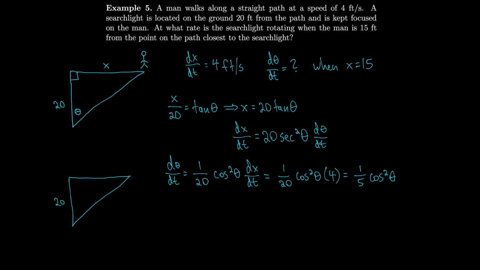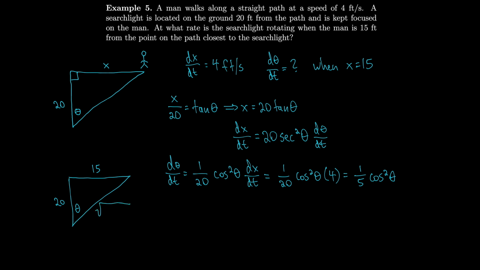So if this is 20, and this is 15, and this is theta, we want to know what cosine is, so we want adjacent over hypotenuse. So we need to know what the hypotenuse is. We could use the Pythagorean theorem: we square this, square this, add them, take the square root.